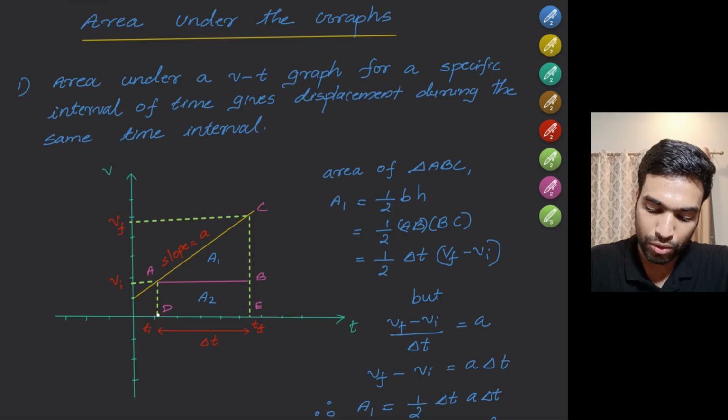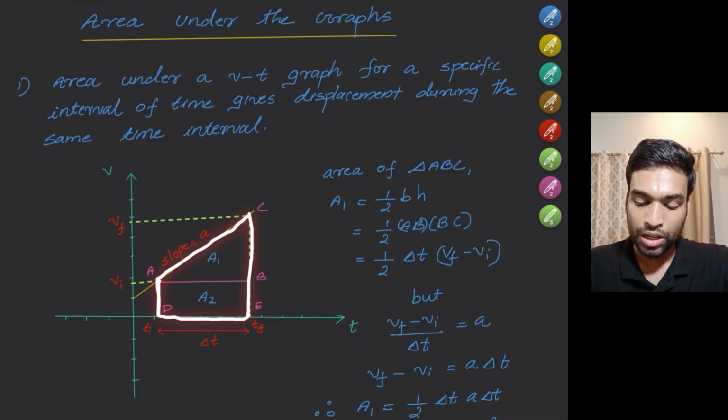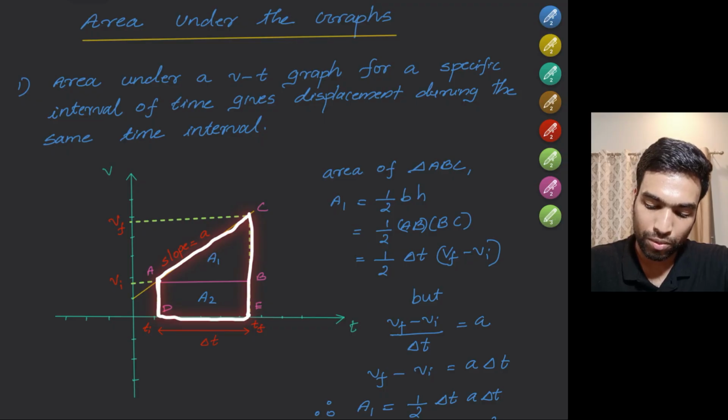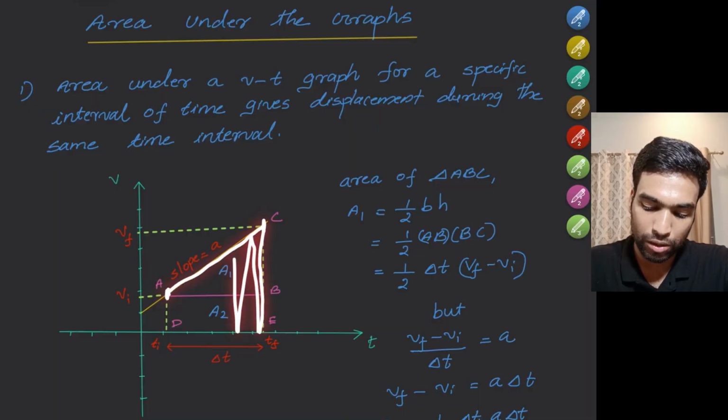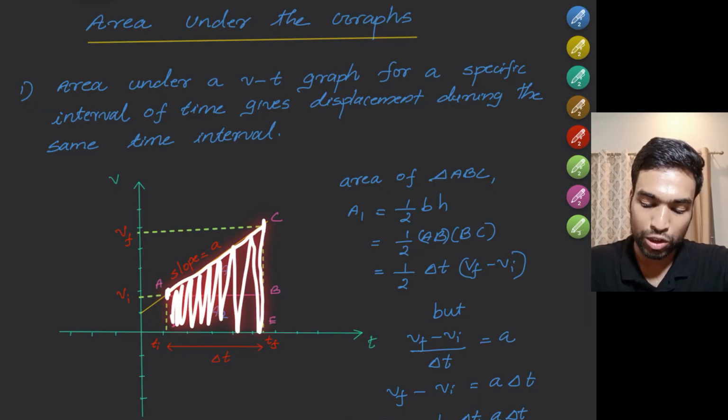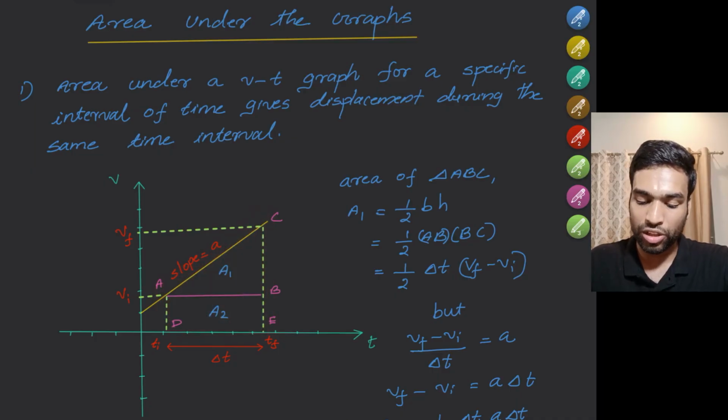Then if you draw vertical lines, you will get a closed shape like this. Now, if you find the area under this curve from A to C, you will get the total displacement in this time interval.